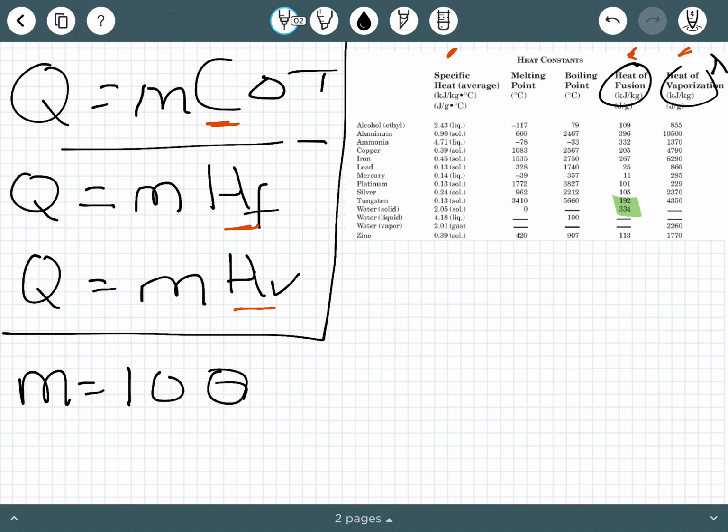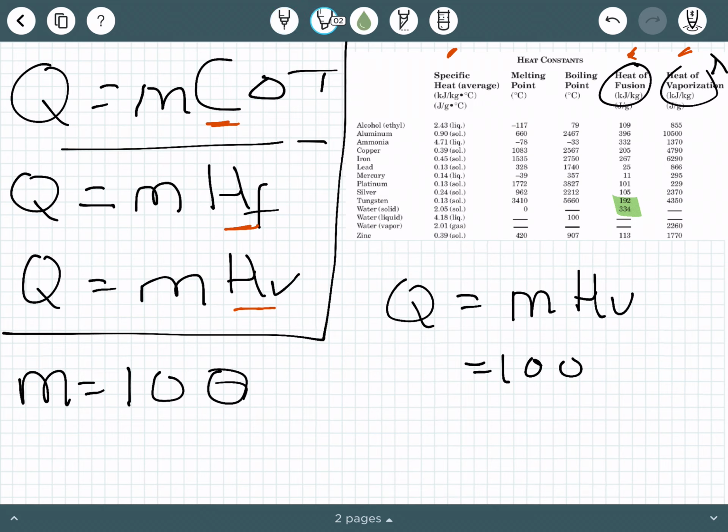Okay, now I'm going to take my Q equals m Hv. I know my mass is 100. Now I got to find my Hv for aluminum, and the Hv for aluminum is 10,500.